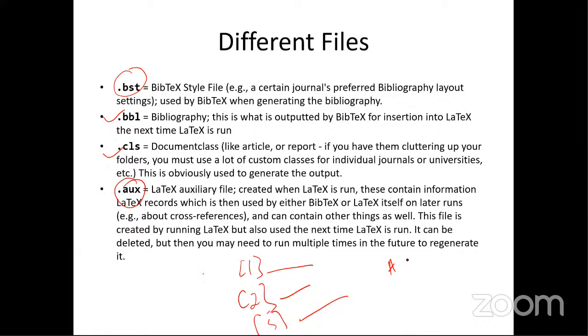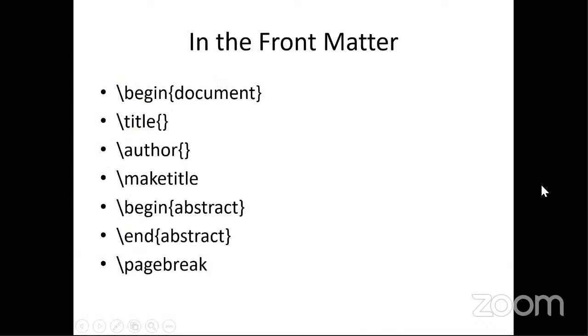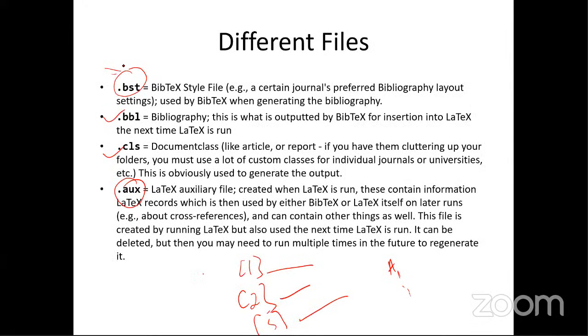If the author name starts with A, they list all the authors starting with A, then B, sorting according to the alphabet of the author's name. How is all this possible? It depends on the kind of BST file. If you are using a suitable bibliography style file, we can achieve all these things.